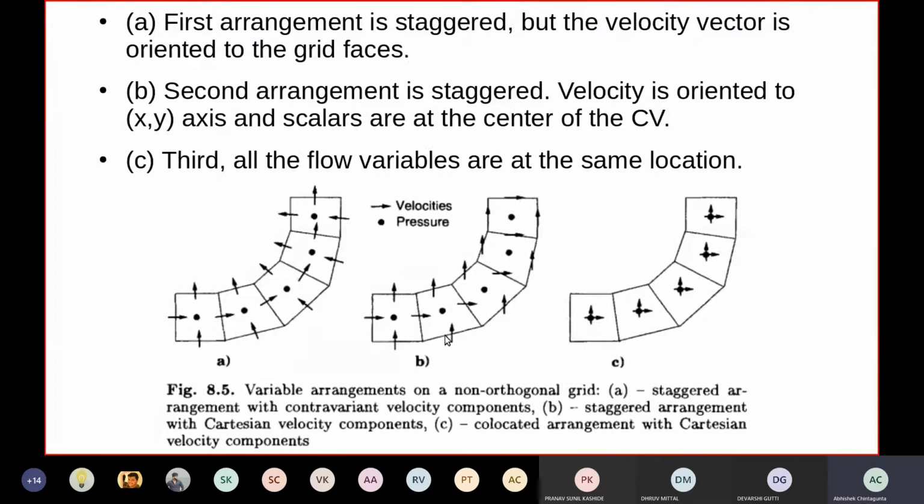Should I align my velocity to the X and Y axes? If you do that, what you're going to get is figure B. You can see here that the arrow is always pointing in the X direction. That is your U. So whatever the U and V velocity, U velocity will always be aligned to this face. So what is happening here?